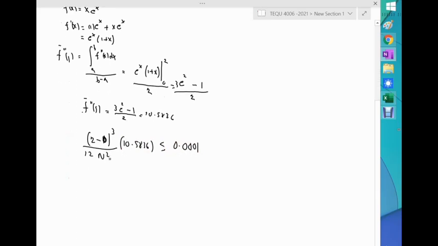Now, I need to put this in terms of n squared. So if I put n squared down here and divide by that, you certainly will look more like this. n squared has to be greater or equal than 2 to the 3, that would be 8, divided by 12, and multiplied by 10.5836, and that divided by 0.0001, which is the truncation error that I want.